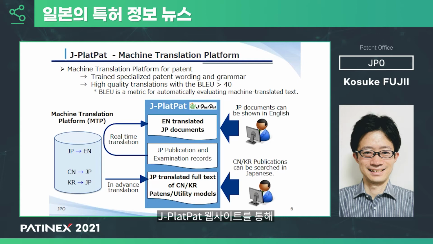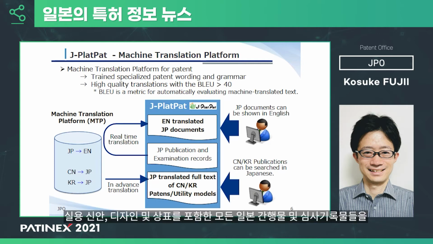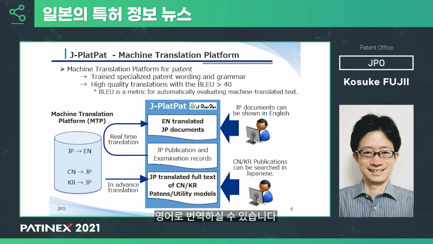On the Jplot website, you can translate all JP publications and examination records, including utility model, design, trademark into English. For Chinese and Korean patent and utility model, the publication data is translated in advance, and the translated full text data is stored in Jplot search system.